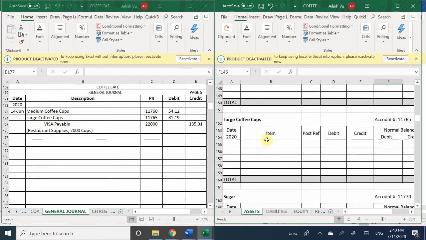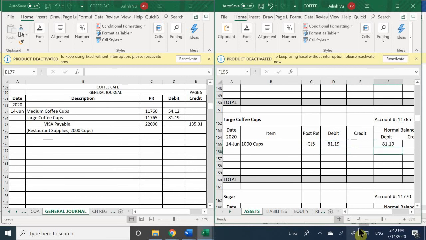Secondly, we have to do our large cups. So for 614, we also purchased 1,000 cups. Post reference is general journal number 5, and we increased it by $81.19, which should be what we start with.